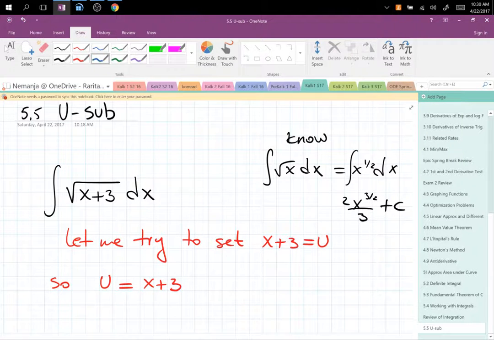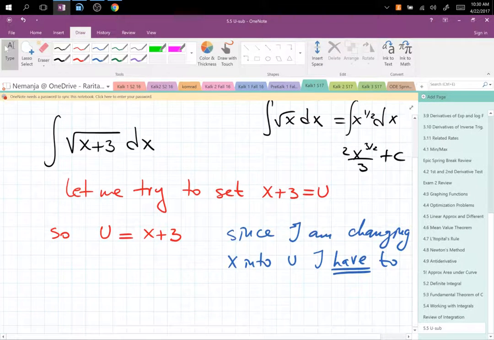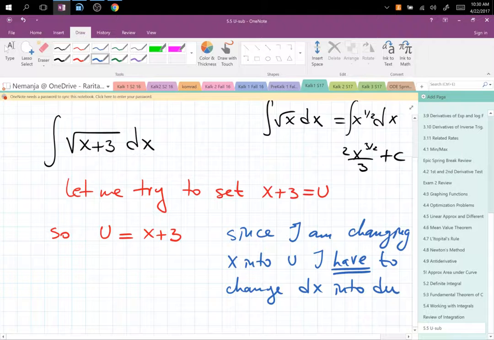So now I'm going to say, since I am changing x into u, I have to change dx into du. And that happens by simply differentiating your substitution equation.